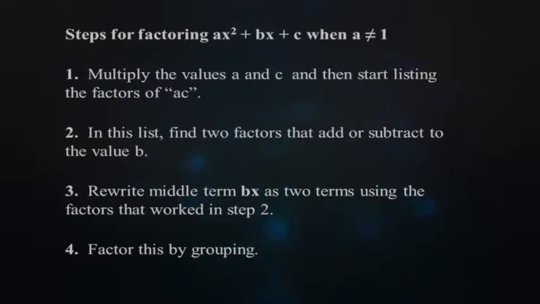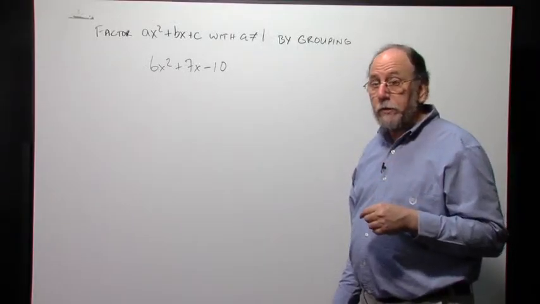As you list them, find two factors that add or subtract to the value b. Step 3 would be rewrite the middle term bx as two terms using those factors that you worked out in the last step. And then step 4 is to factor by grouping. So we're going to follow those steps.